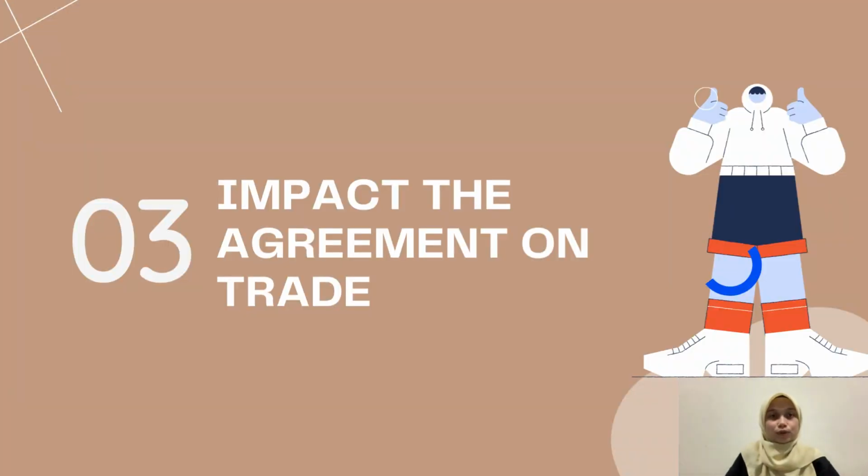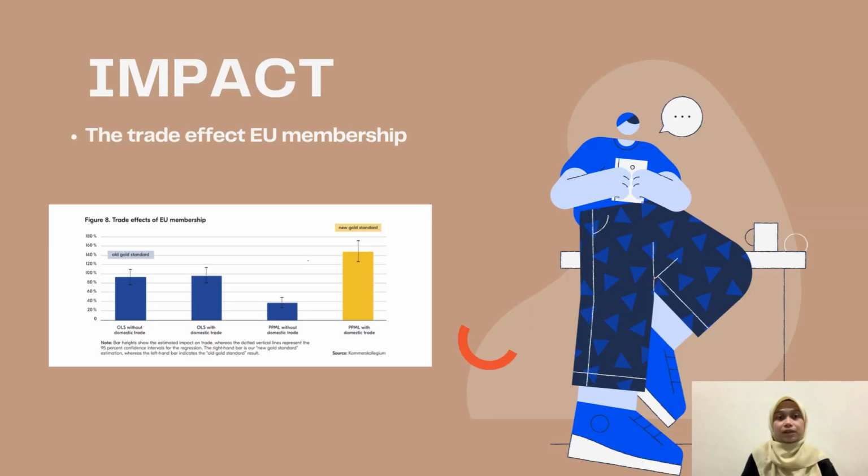The next slide is the impact of the agreement on trade. There is the trade effect of EU membership and the trade effect of EU enlargement. Membership has been analysed in the past, which allows us to compare the results with previous studies. The average trade effect of EU membership is 148%, according to our new gold standard criteria.